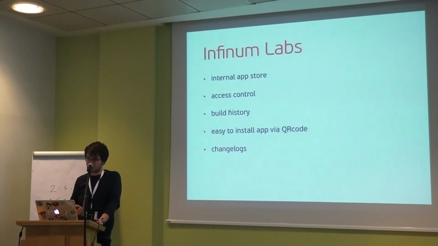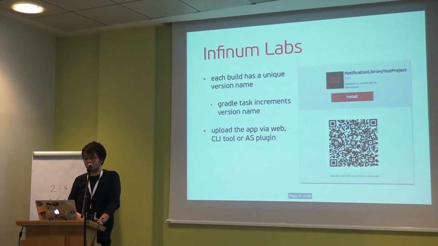It's a web application from where our customers can download the applications which are still not ready for production. So we have access control, build history. We can also install the applications by QR code, and we maintain changelogs for each version.